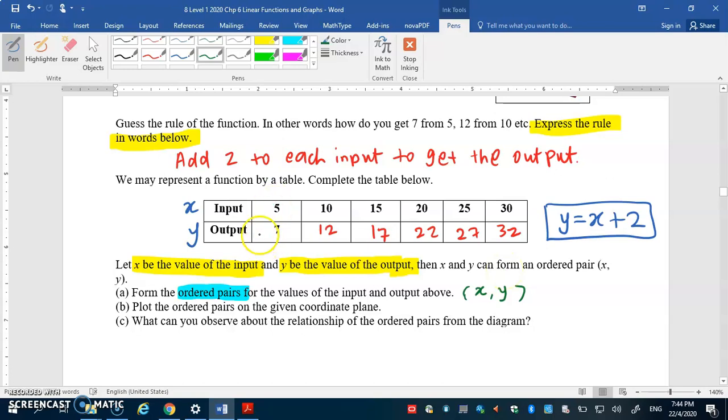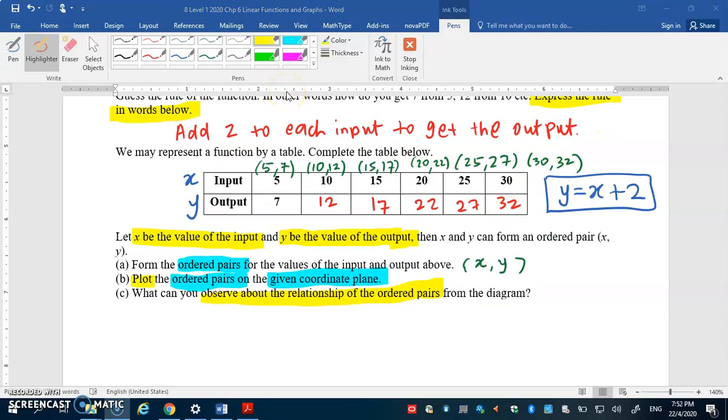So in this case, for example, this will be 5, 7. That's the ordered pair for the first column. Second column will be 10, 12. Third column will be 15, 17. This one is 20, 22, 25, 27, and 30, 32 for the last column.